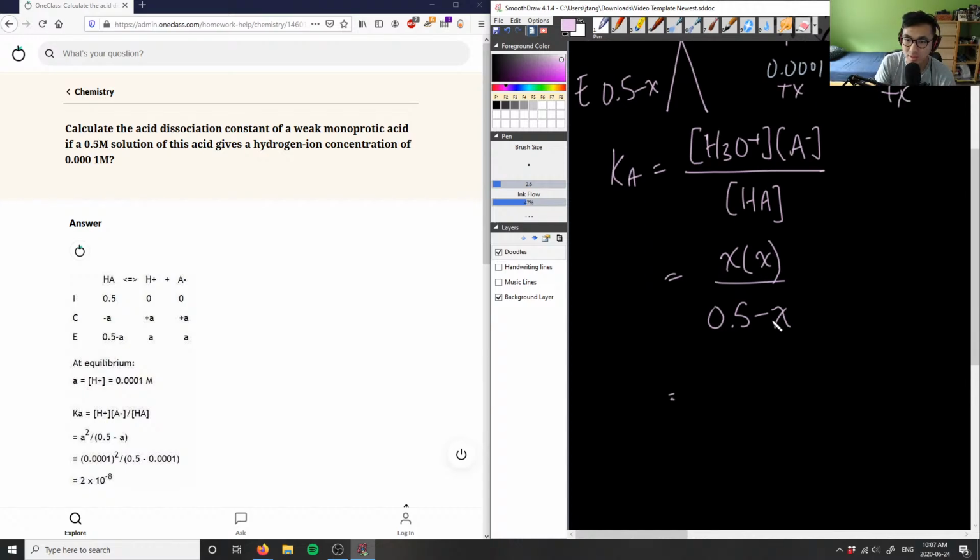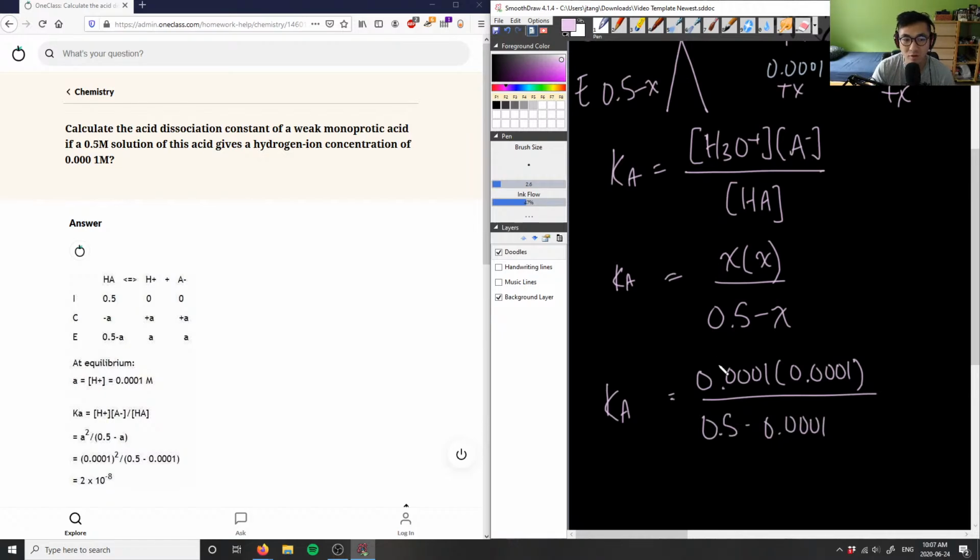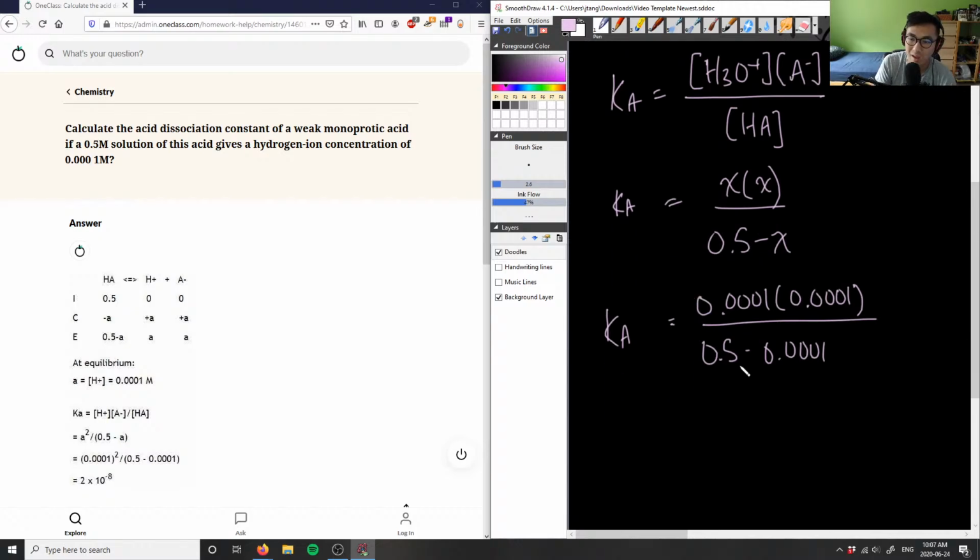So I can say that my Ka is equal to 0.0001 times 0.0001 divided by 0.5 minus 0.0001. After I do this math, it will give us our Ka. So all I'm going to have to do is simply some calculator work.